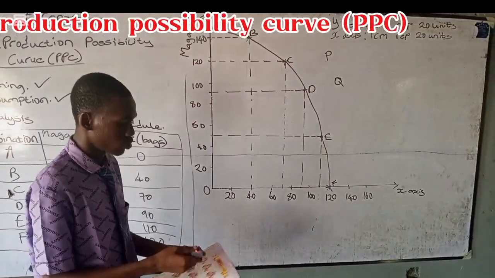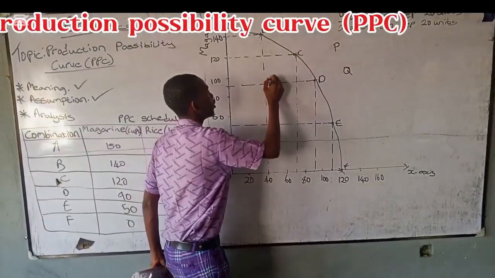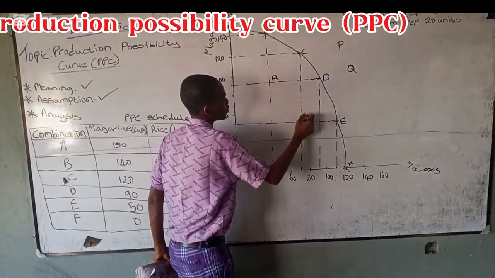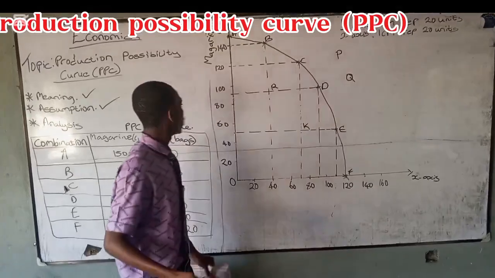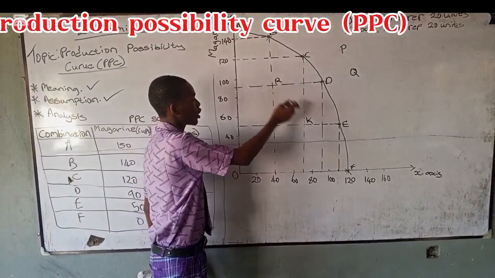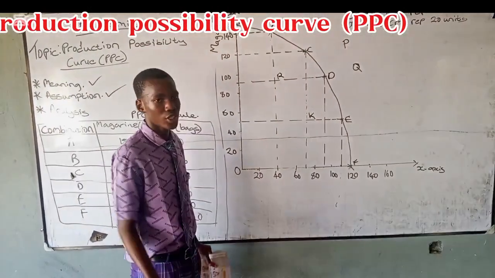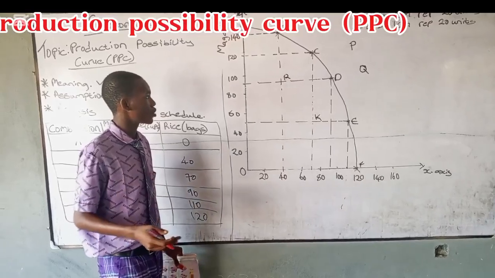So we are also asked to indicate R and K where resources are not efficiently utilized. At points R and K, all resources that were given were not fully used. So points R and K can also be said to be wastage or inefficient use of resources.